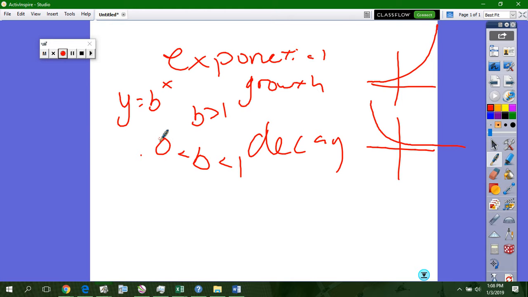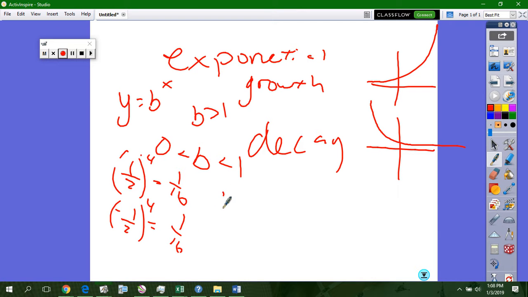So, does that make sense? Let me explain why we don't go below. Okay, what's 1/2 to the 4th power? 1/16. What's negative 1/2 to the 4th? It'll be 1/16. What happens when I do negative 1/2 to the half? Do you remember what the half was?